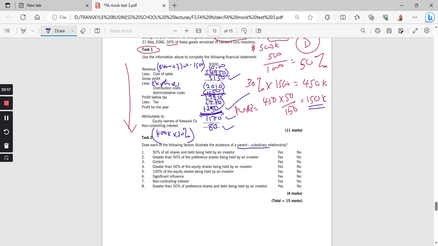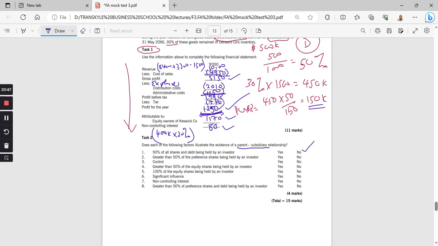But does that make somebody a parent if you own 50% of all the shares? That does not necessarily establish a parent. There could be some joint venture, or it could be an associate relationship. So having 50% alone is not enough. So the answer there, you were supposed to tick no.